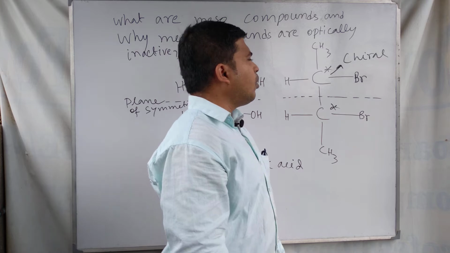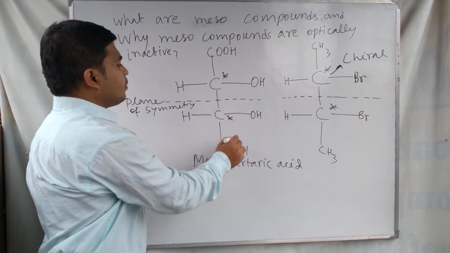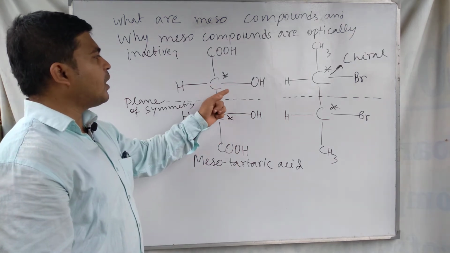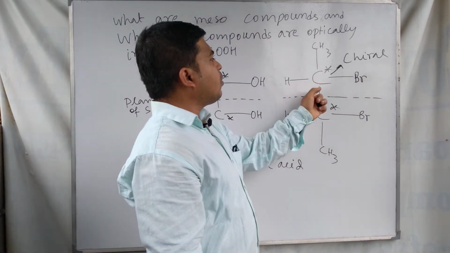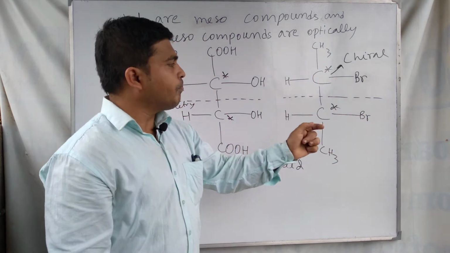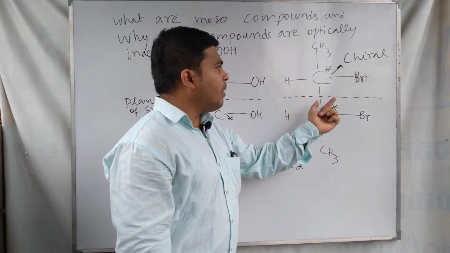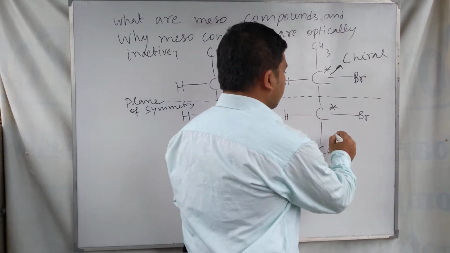In the case of meso compounds, the carbons present are chiral carbons. The upper part of the molecule is optically active and the lower part of the molecule is optically active, but overall there is no optical rotation, net rotation 0.